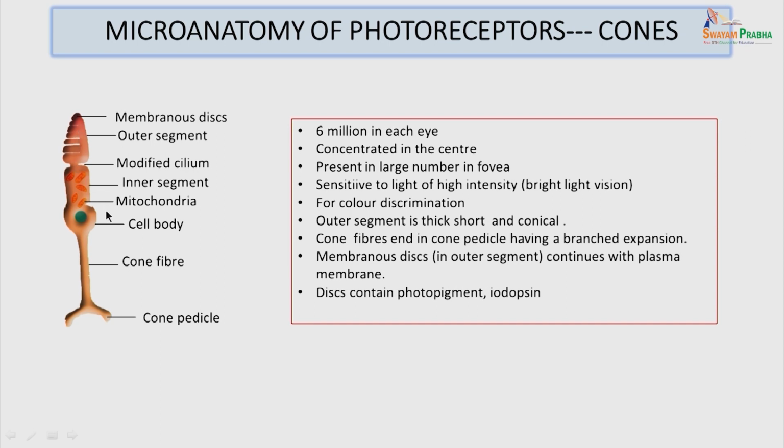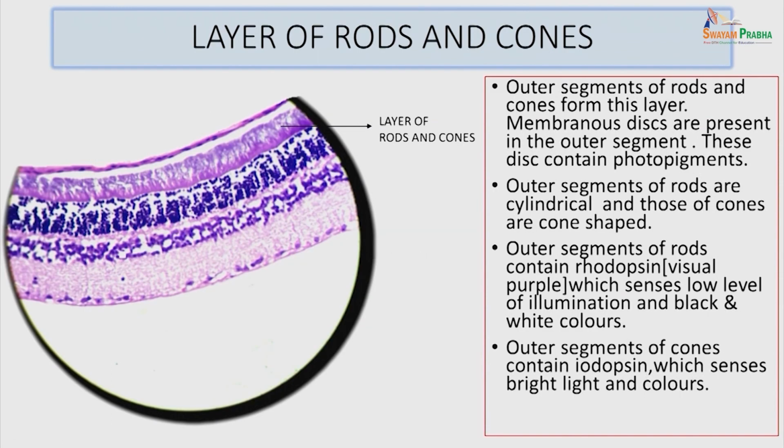You can see the membranous disc, which is present here. There are many, and these contain a photopigment called as iodopsin. In the opposite end, you can see the cone pedicle, and here is the cone fiber, and cell body is present here.